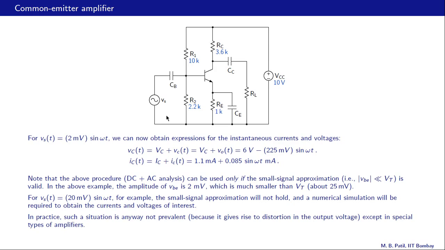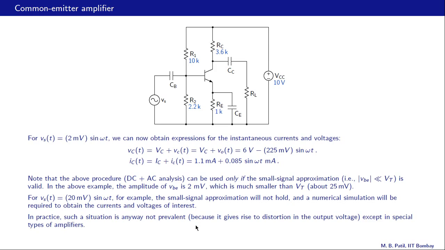So even for a sinusoidal input voltage, the output voltage will not be sinusoidal anymore, and that is certainly a situation which we do not desire. So in practice, generally this small signal approximation will be valid, especially for circuits of this type, and therefore we can use DC and AC analysis separately like we have done here.